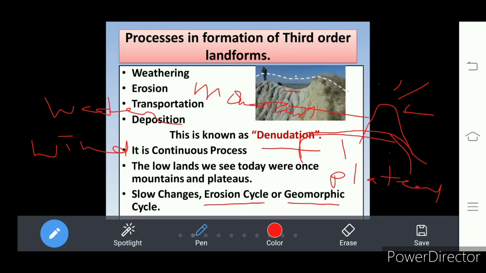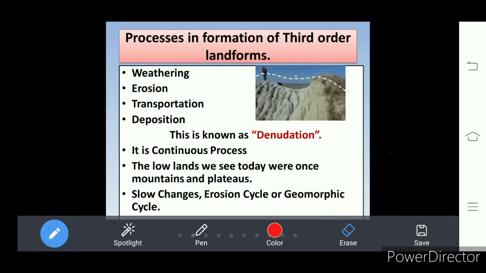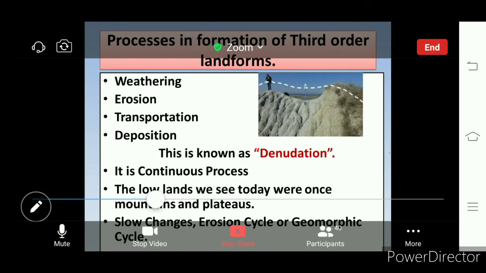These natural agents work on the earth's surface on the existing landforms, that is mountains, valleys, plains, river valleys. On that, these water and wind work with a process called denudation and bring changes in the existing landforms. So in this way, third order of landforms are going to be formed.